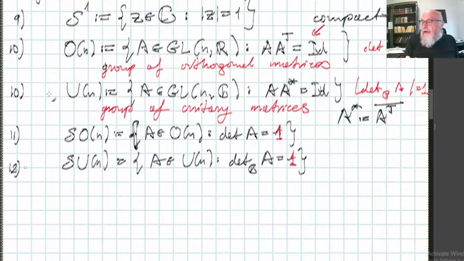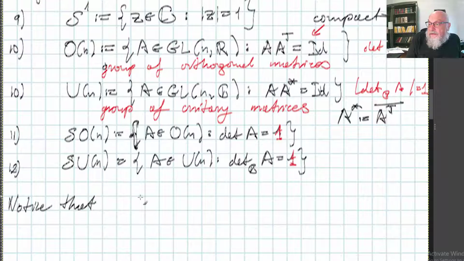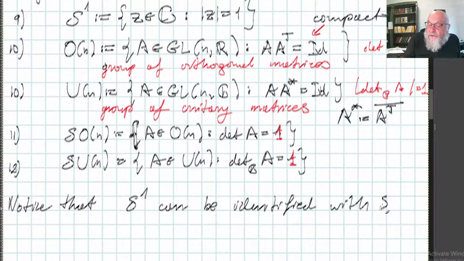Let me point out that there is a relation between these groups. Notice that the group S1 can be identified with SO2.